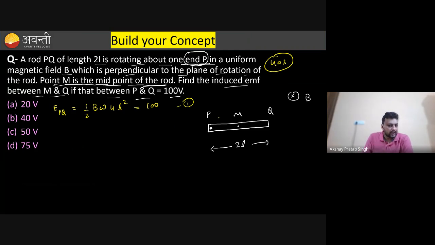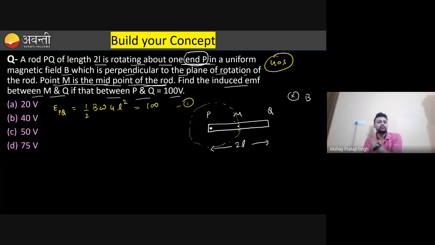Now, what is the potential difference between P and M? I can assume that the rod is of length L only. Can you see that?